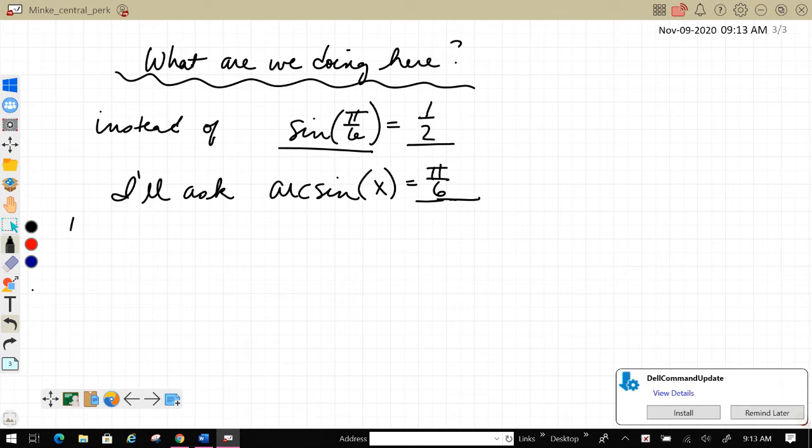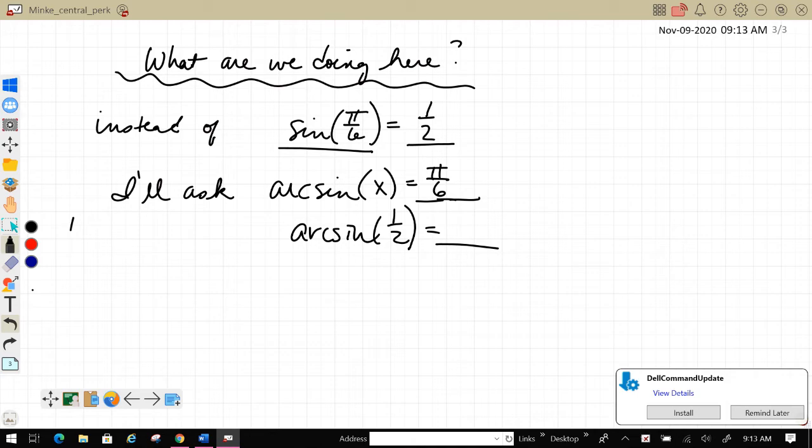So then if somebody said arc sine of blank equals pi over 6, you're working backwards to say, oh, well, that's going to be a 1/2. What I would actually do is give it to you like this and leave that blank. I just wanted you to see that these are just switching places.